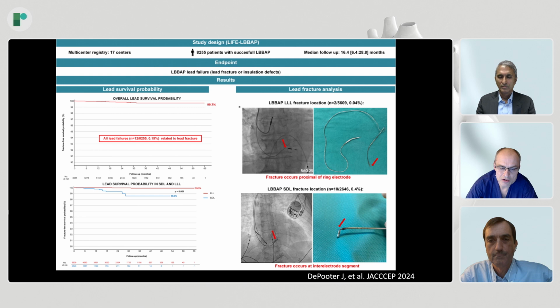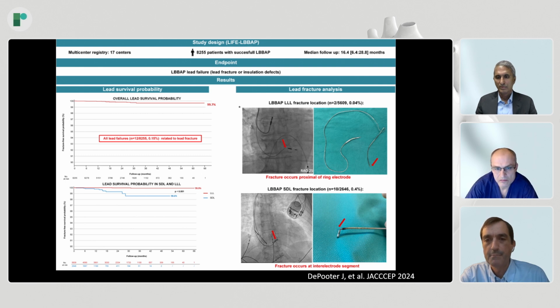That means that the lead should actually not be that perpendicular as you would like it to be, because the more perpendicular you are, the greater the angle you create and put the lead at risk. So maybe we should start lower or start more basal and be more oblique in the septum to have a more delicate passage of the lead and avoid this. That's my thought. That's the only prevention that I use.